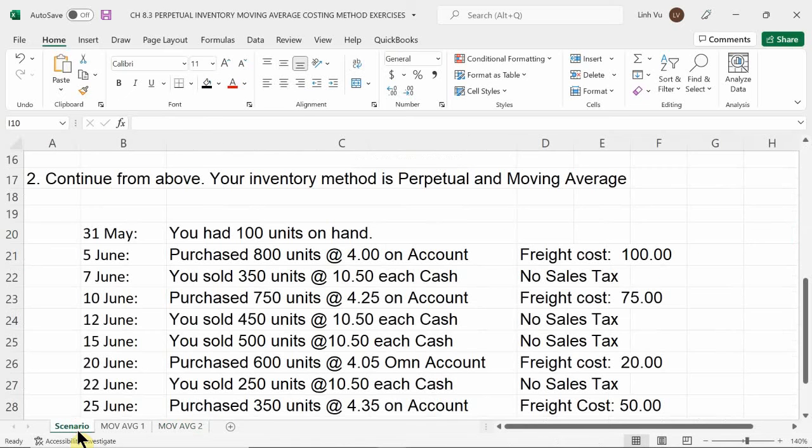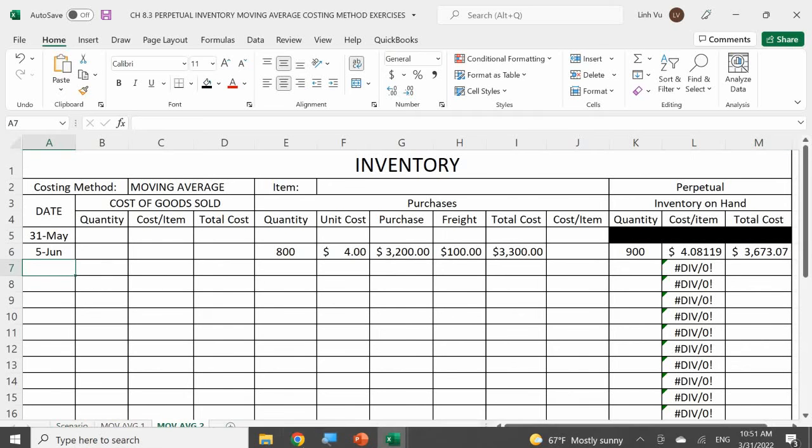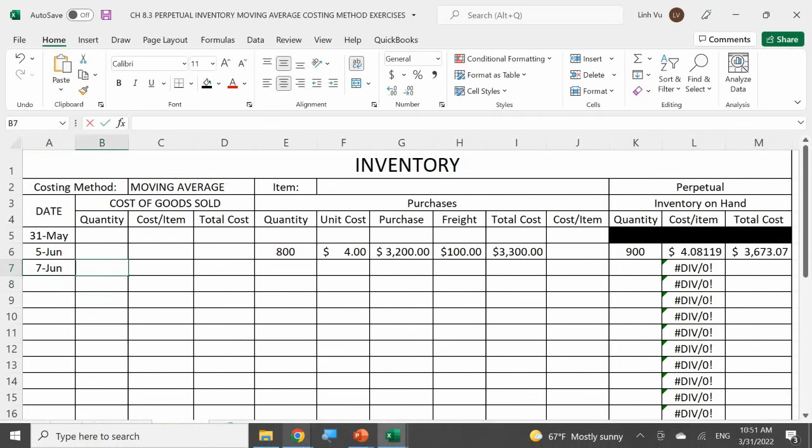So let's continue on. We end up selling 350 units on June 7. Right now, what is my average cost per item? 4.08119.